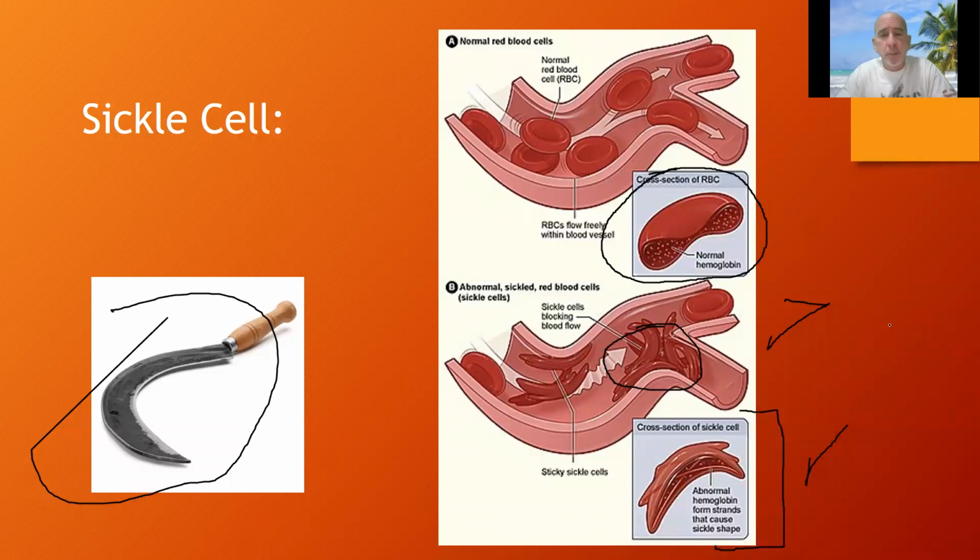If you do get these patients in, don't hesitate to use large dosages of pain medicine because they are used to it. There's a lot of pain in your periphery, in your capillaries. It's really an awful disease. But that is an example of deformed red blood cells.